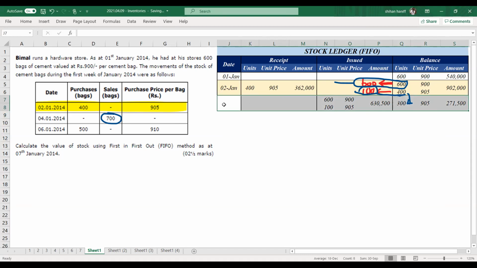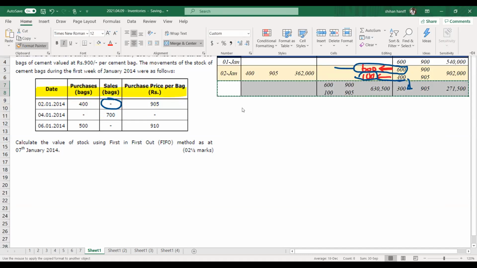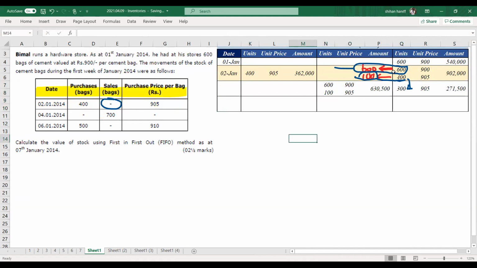Now you need to do the next. Right. So that was 4th January. On 6th January, there is a purchase of 500 cement bags at 910 rupees each. So the value is 500 into 910, 455,000.